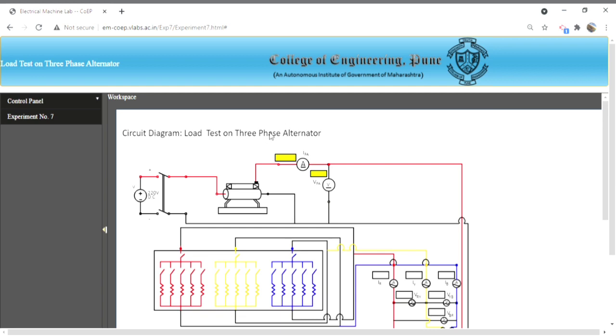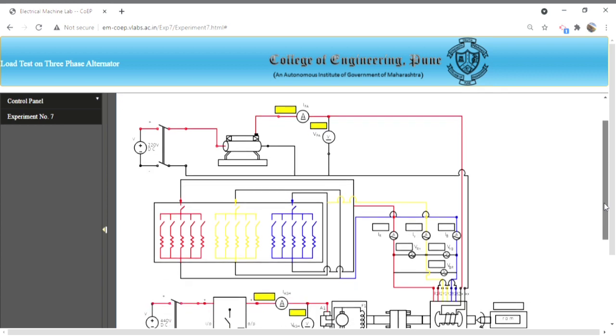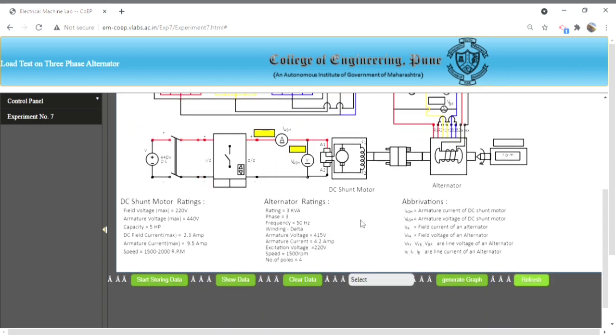Now we can do the experiment under load. As usual, first of all, we have to close the DPST switch and apply the voltage in steps till it reaches the rated speed of the alternator, that is 1500 rpm.